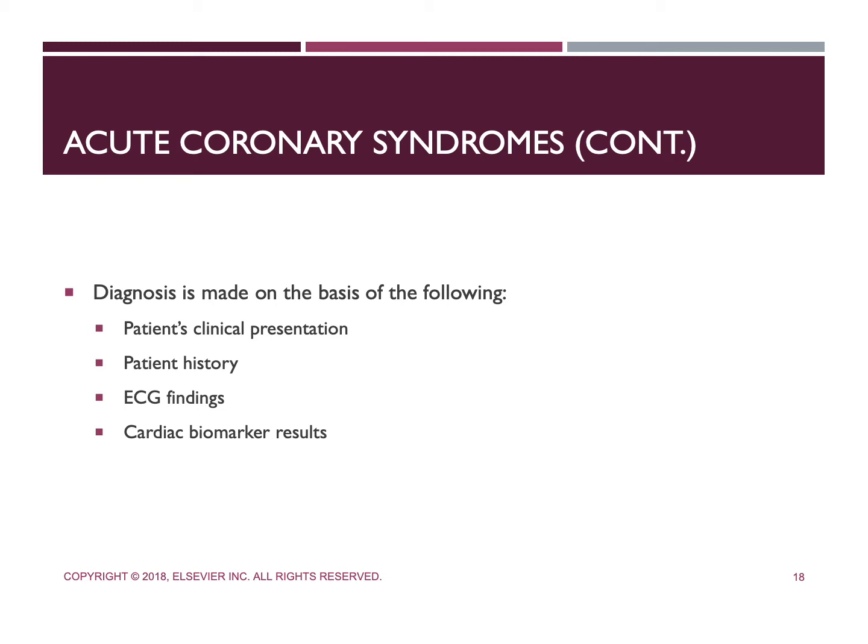Now, if the ST segment elevation, STE, is not present, but biomarker levels are elevated, that diagnosis is NSTEMI. If the ST segments are not elevated and cardiac biomarkers are not elevated as well, the diagnosis is UA.